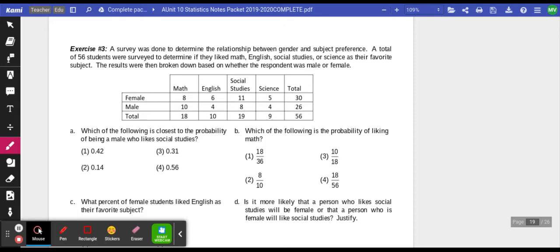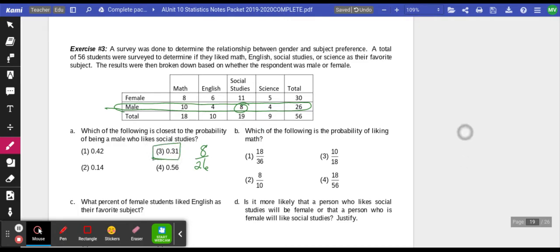So again, being male gives us a total of 26, and likes social studies, that's 8. So we're going to do 8 out of 26. We're going to make that a decimal. And so that's 0.31.